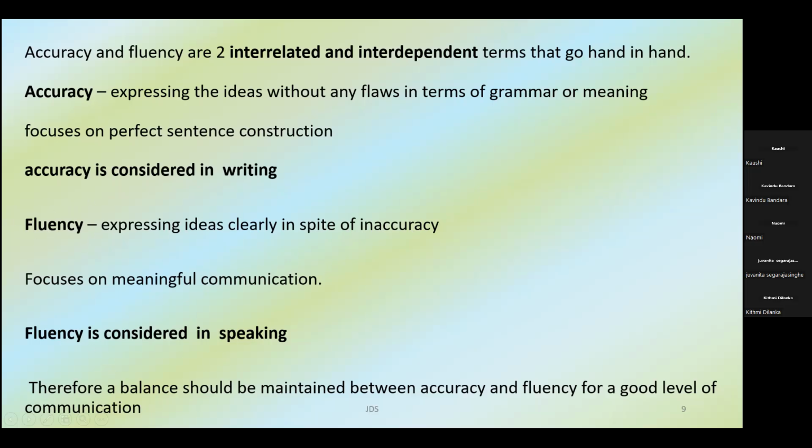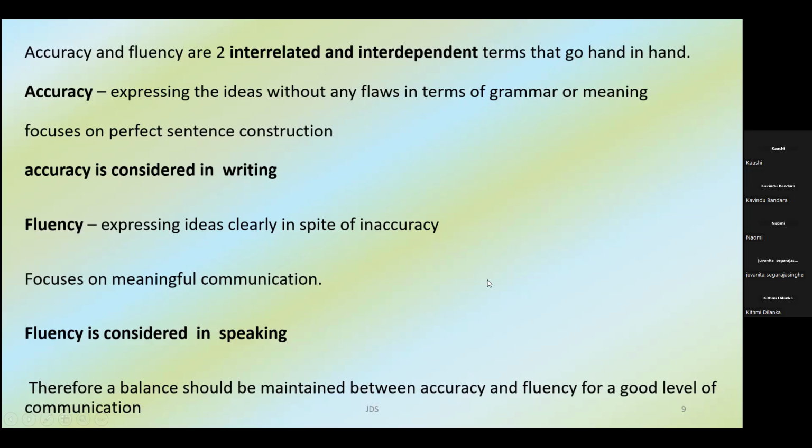And it's considered in speaking. A balance should be maintained between accuracy and fluency for a good level of communication. So we can't always hide behind the fact, thinking it's fluency that is getting more emphasis when it comes to spoken language.